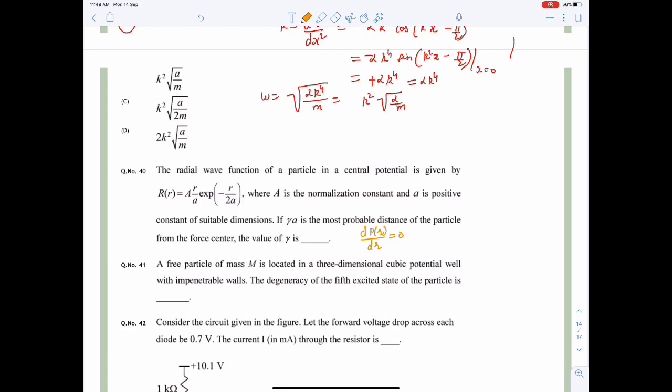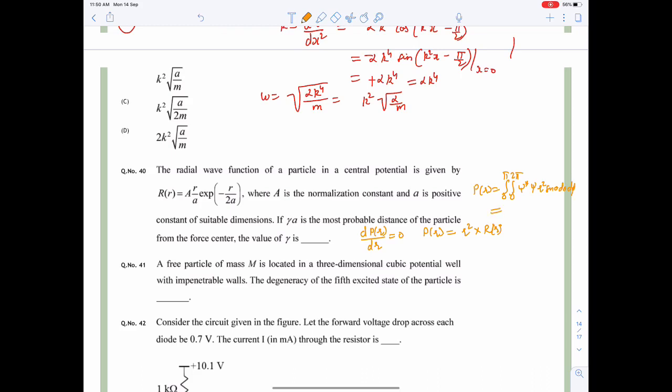First you have to know P(r), that is the radial probability density. The radial probability density is given by r square into R, or you can also calculate it from P(r) equal to the integral from 0 to pi and 0 to 2 pi of psi star psi r square sine theta d theta d phi.